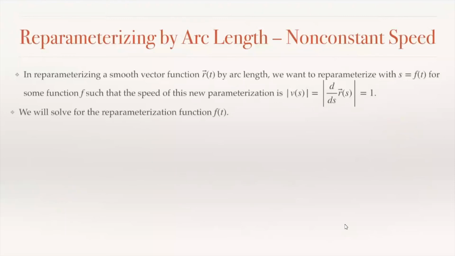Now, many curves may be moving with non-constant speed. And everything I'm about to show you, you don't need to use mathematically. I just want to illustrate that it is always possible to reparameterize such that the speed is 1.